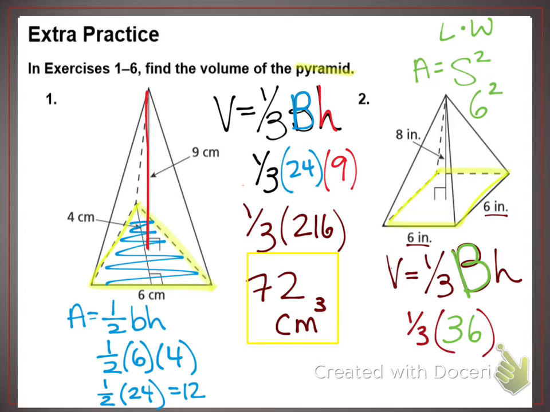So 1/3 times the area of the base, which is 36, and then times the height of the pyramid, which is 8. So again, I find it easiest to, what's 1/3 of 36? 12, and then times 8. It's 96. And then it is inches cubed.